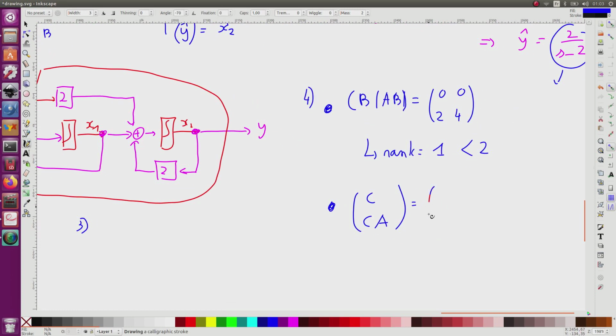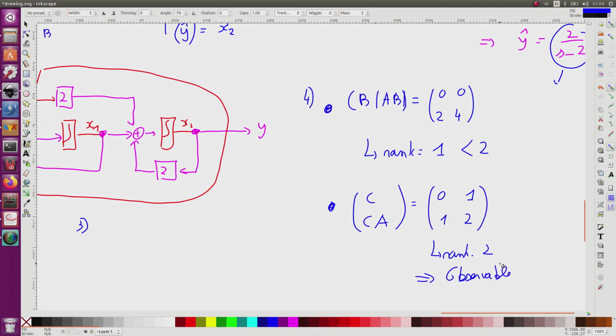So this is equal to 0, 1. I multiply C by A and I obtain 1, 2. This matrix is full rank, so the rank of this matrix is equal to 2. As a consequence, the system is observable.